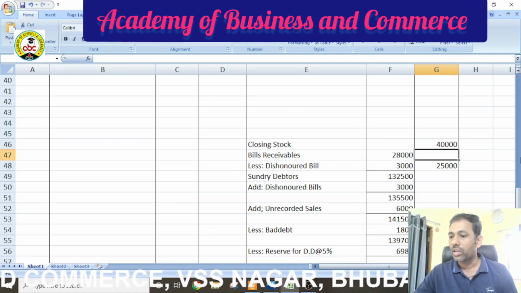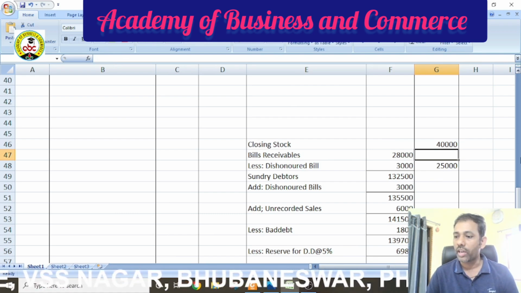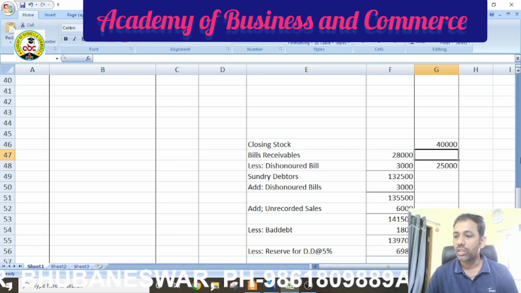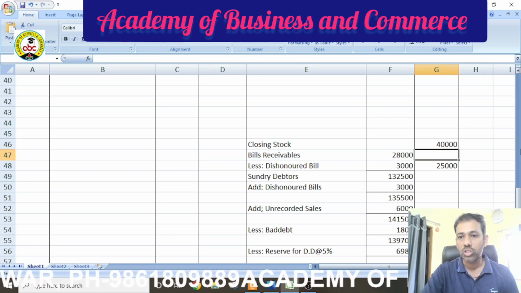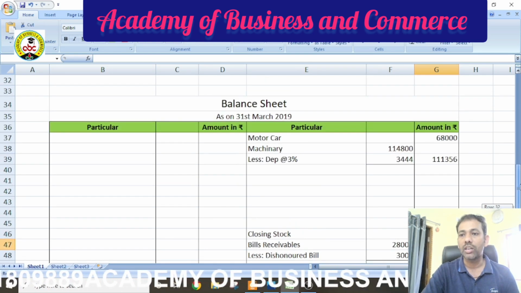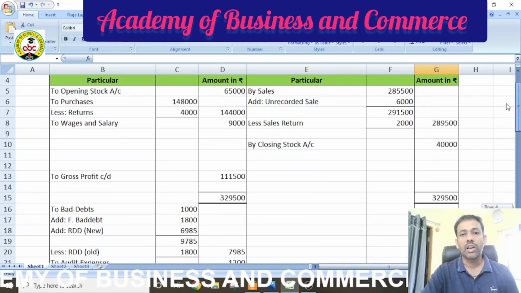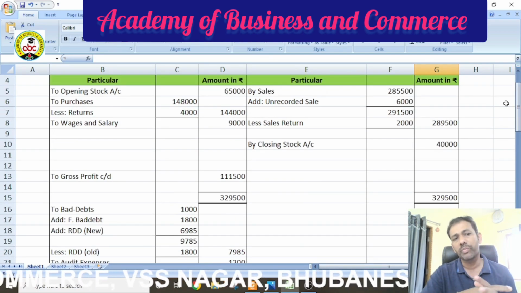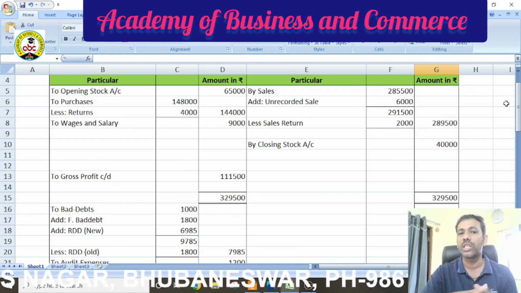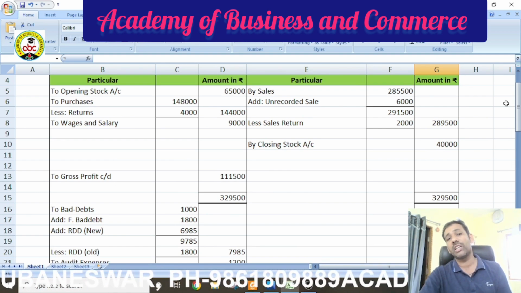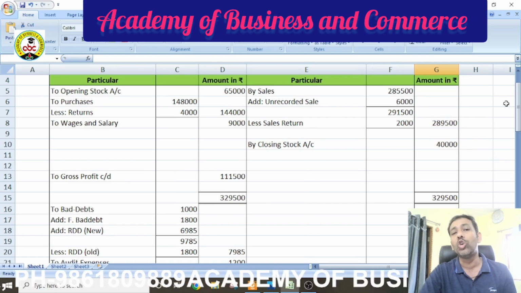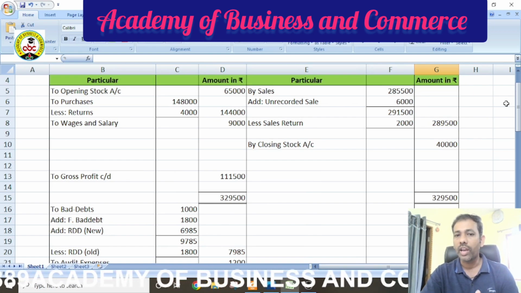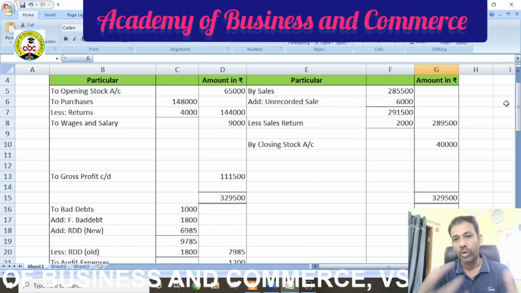And one more thing, goods taken for personal use. That has two treatments. When goods are taken by anybody, that may be the owner or any person, or we are distributing as a sample, or giving goods to anybody, we have two ways to represent it.